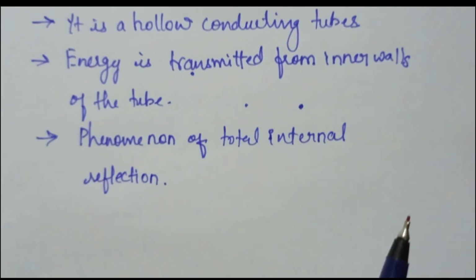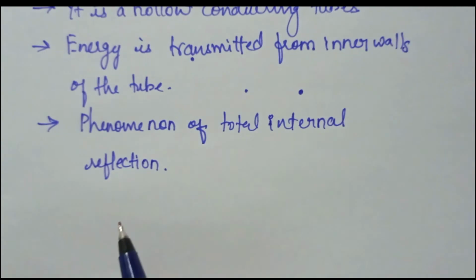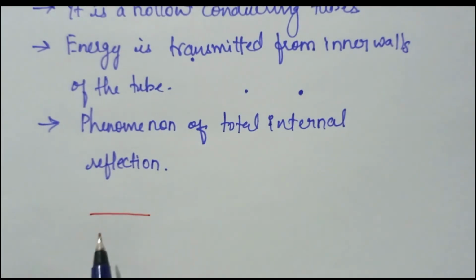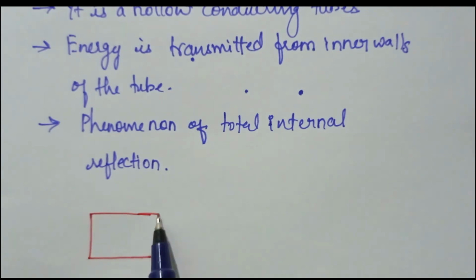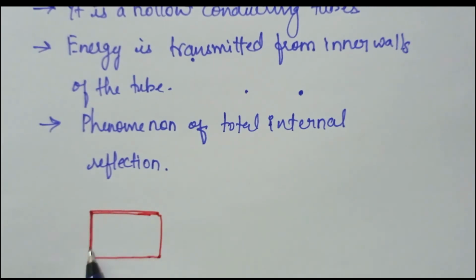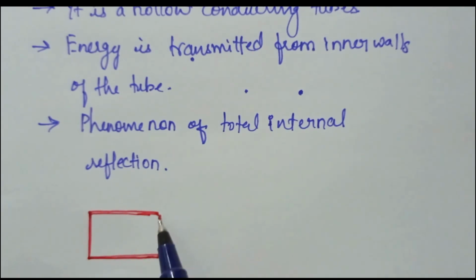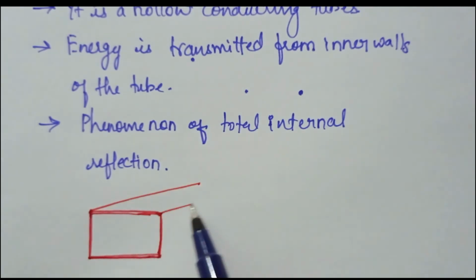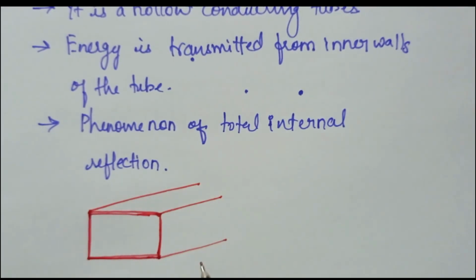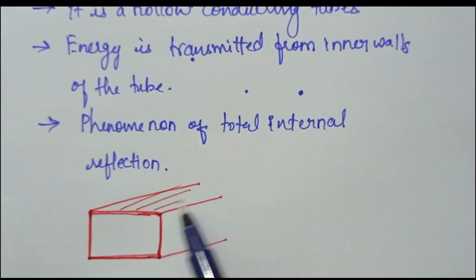Let us see how the rectangular waveguide looks. The shape is a rectangle and it is a hollow tube. It is a single hollow conductor.